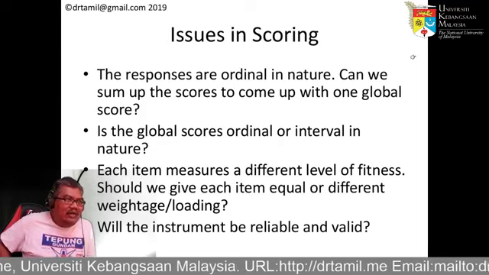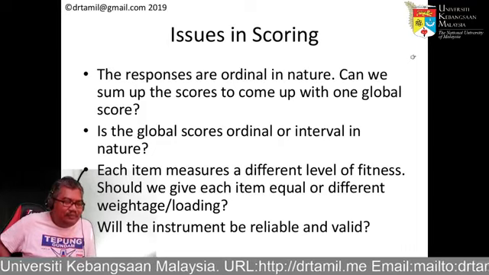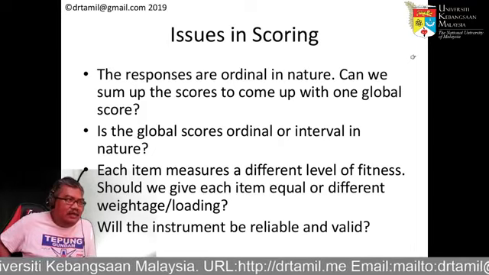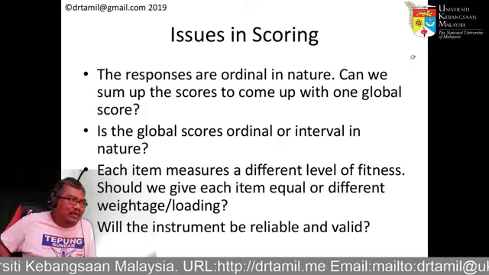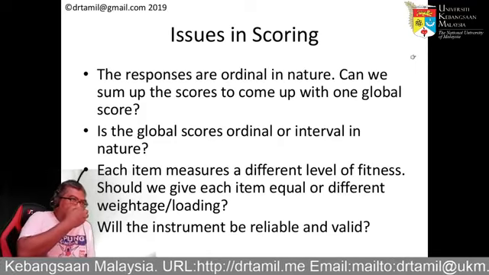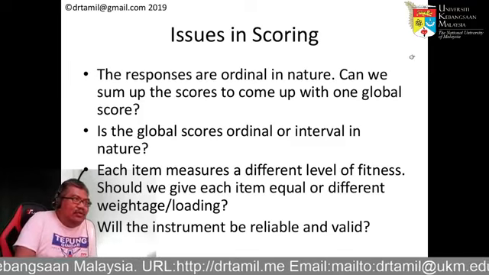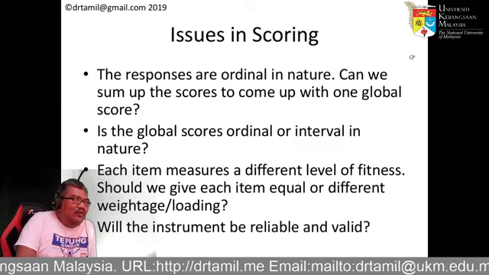So these are ordinal responses. They are not really measurable. They are not really something that you can take a ruler and measure. Okay. So can you sum up the score to come up with one global score?